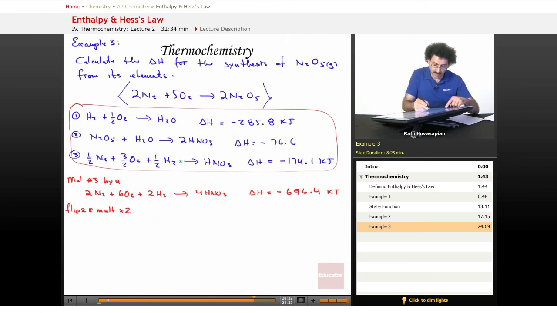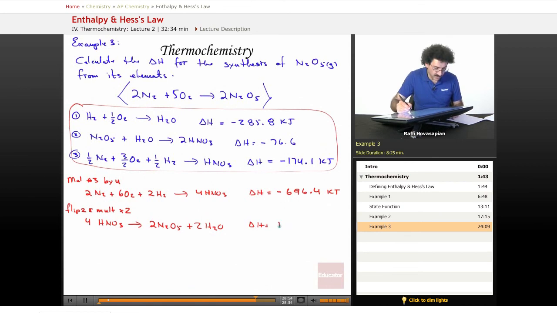When I flip this and multiply by 2, I get 4 HNO3 goes to 2N2O5 plus 2H2O, and now the delta H for this, I have flipped it and multiplied it by 2, so now this is a positive 153.2 kilojoules.